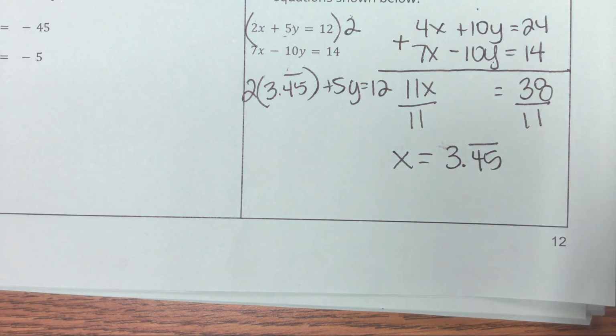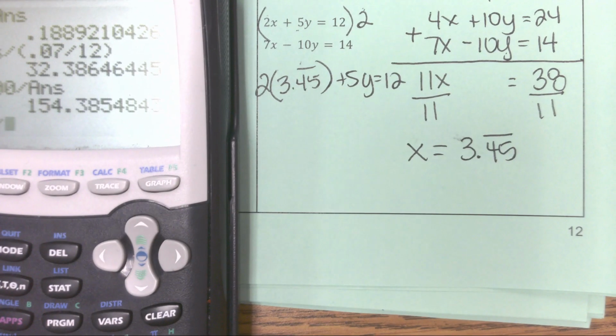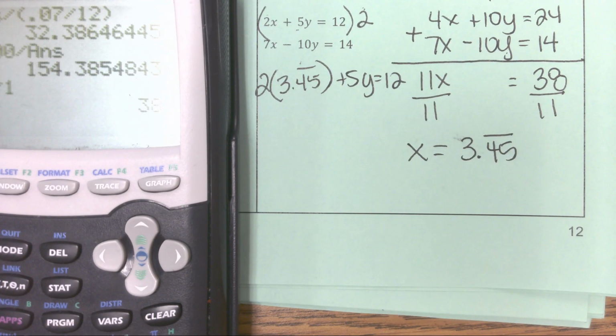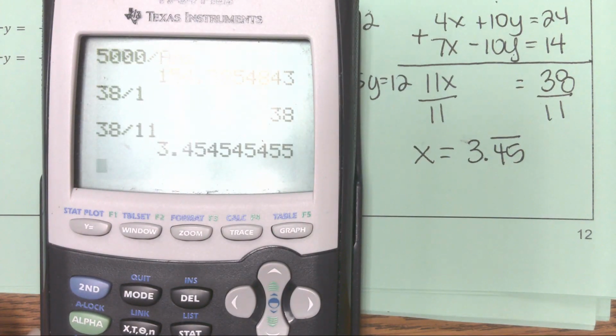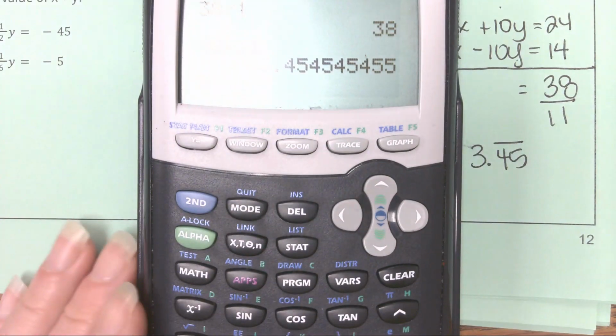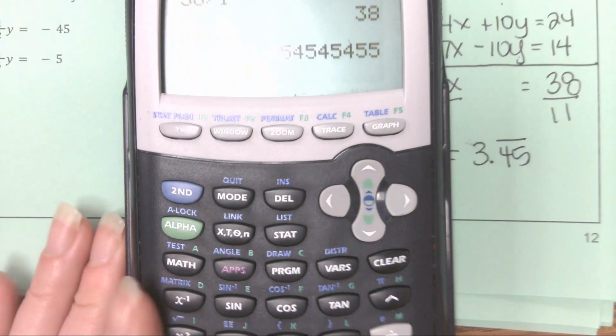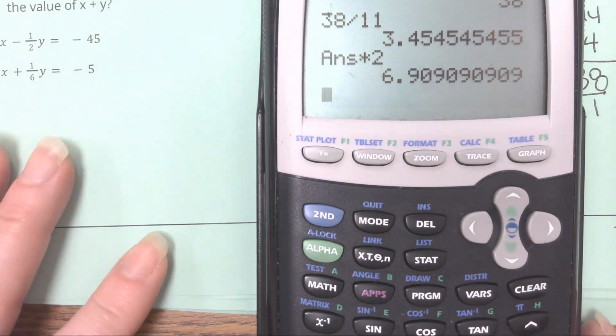Okay. I'm going to do 38 divided by 11 on my calculator, not 38 divided by 1, because then that will put that decimal in there for me, and your calculators will do the same thing. And then you can just go times 2, and your calculator will take that, and you get 6.91.